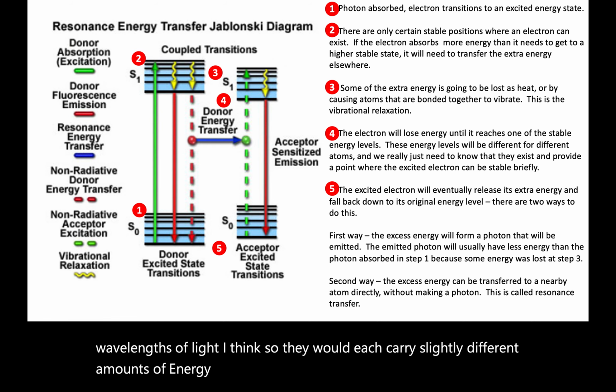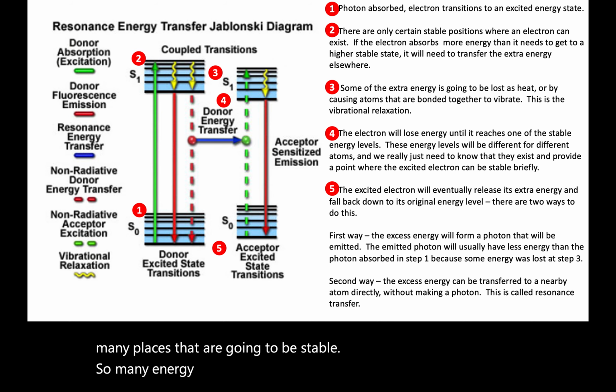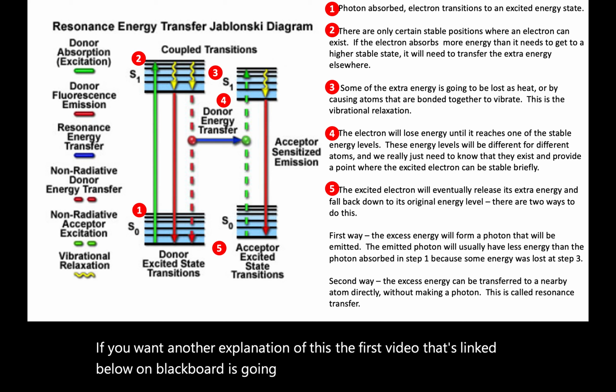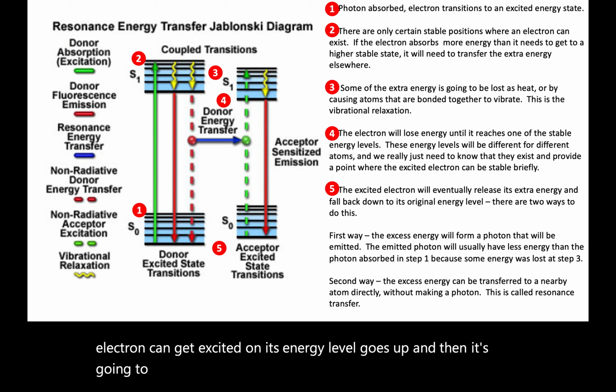But that electron only has so many energy levels where it can rest for just a moment and be stable. If you want another explanation of this, the first video linked below on Blackboard goes through just the physics. An electron can get excited and its energy level goes up, and then it's going to fall down to whatever the nearest stable point is.